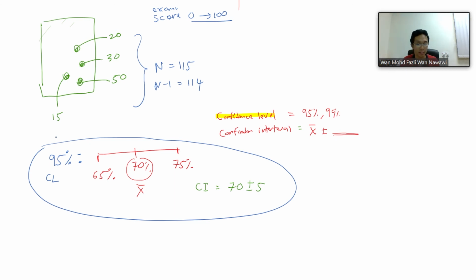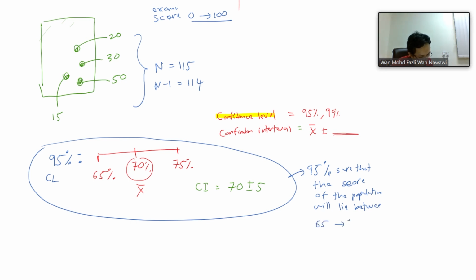How to interpret this is basically you say that you are 95% sure that the score of the population will lie between 65 to 75. So that's what it means, because what you do now is you're sampling.